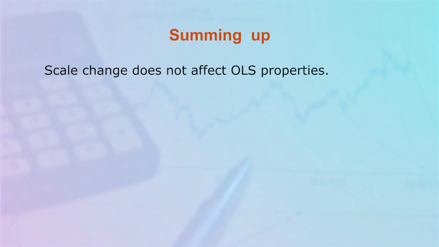So in this particular module, we sum up in the following manner: whenever we talk about the scaling of the variables, it does not affect the OLS properties. Moreover, the correlation coefficient remains the same between x, y and the scaled forms x star, y star. The conversion is done by the inclusion of the respective weights.